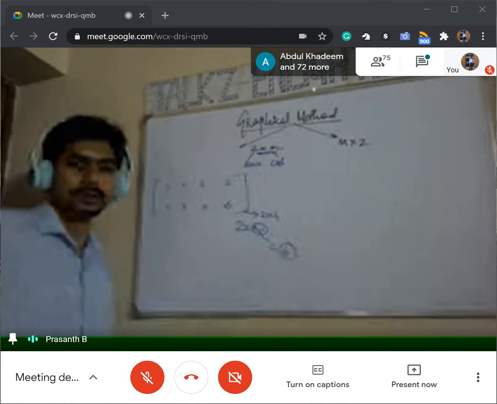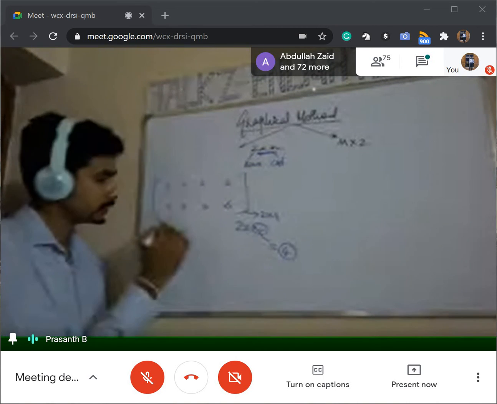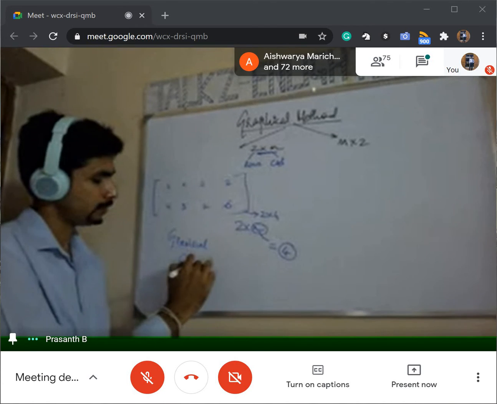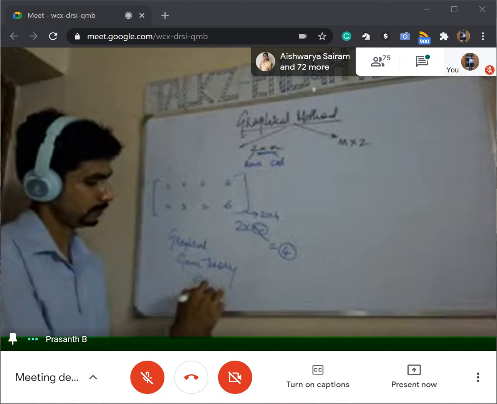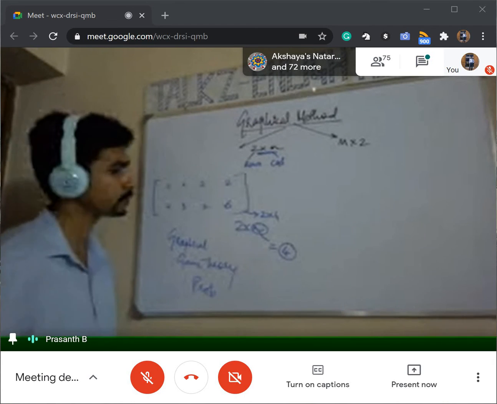So n takes the value 4. இந்த மாதிரி ஒரு ப்ராப்ளம் பார்த்த உடனே it is something called a graphical game theory problem. By looking at the paper itself, you can come to know that this is a graphical method game theory problem.